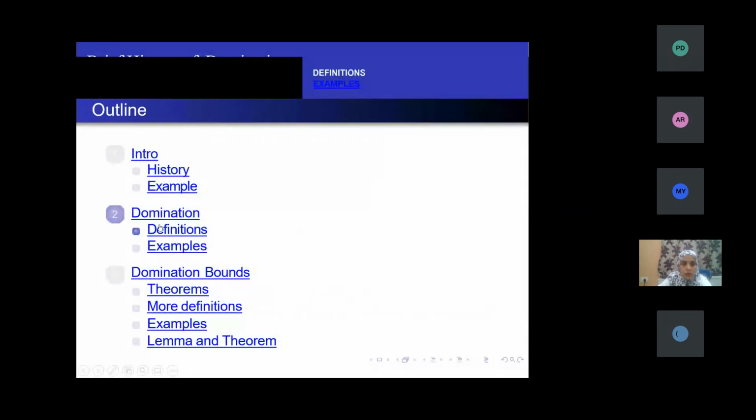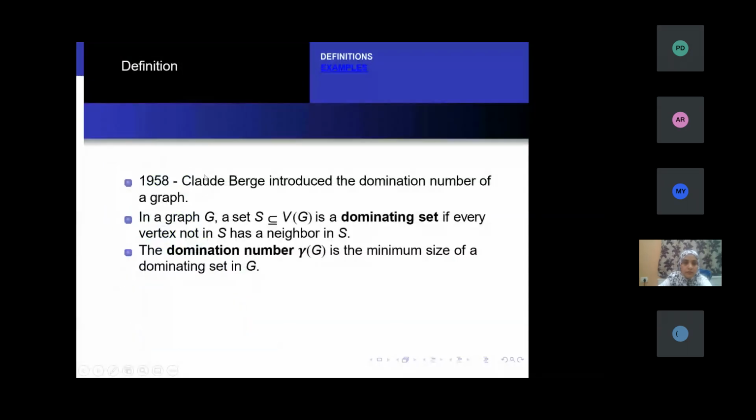Next comes the domination part, which is the main part of our lecture. In 1958, Claude Berge introduced the domination number of a graph.